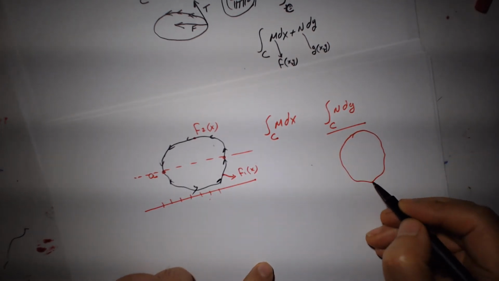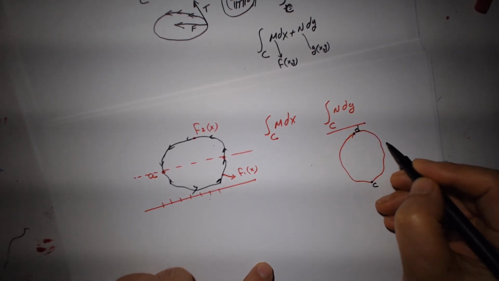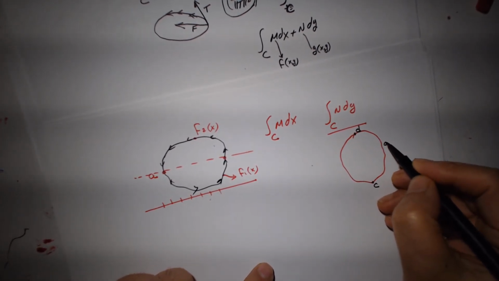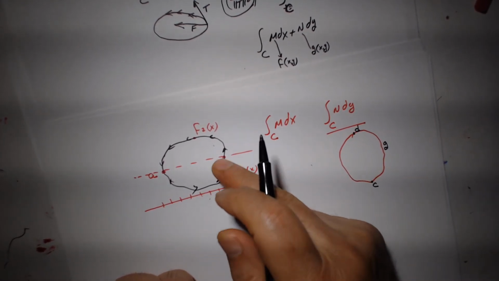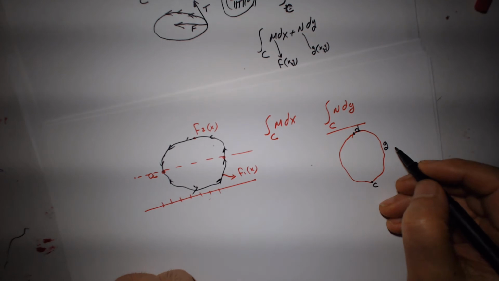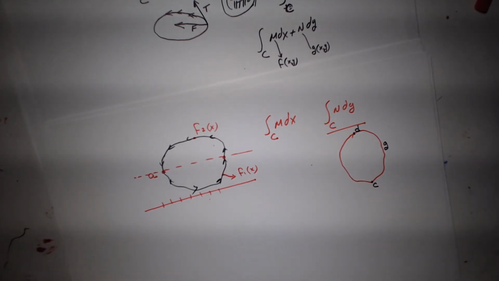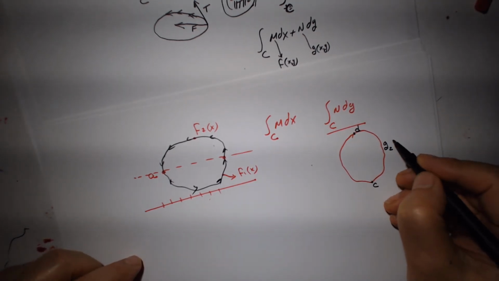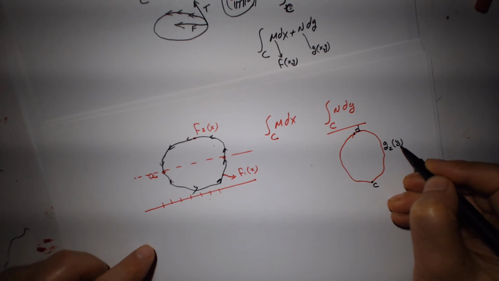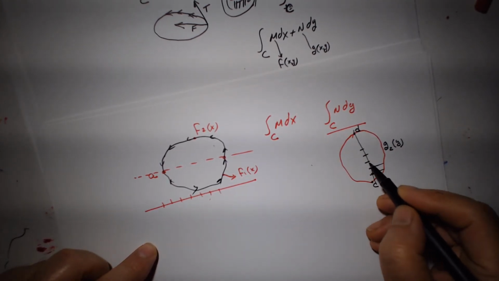I'm going to call this one C, call this one D, call this one G, that's the right one. Remember, bottom and the top. Therefore, it depends how you're going to do that one. I'm going to say the right one is G of y, because I'm making my y fixed, but my x changes.